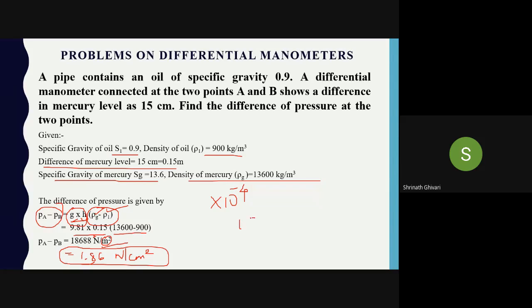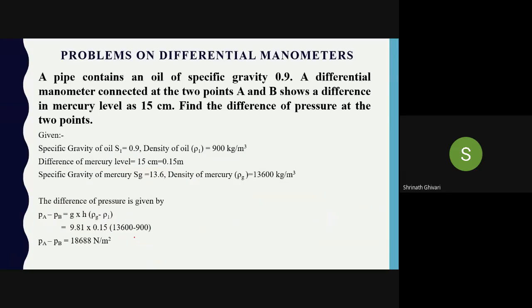Or else you can divide 18688 by 10 raised to 4. Then you'll get 1.86 Newton per centimeter square. Remember the unit conversions, everyone. That is very important. You have time now. You can practice the unit conversions, all the basic units of all the physical quantities. Okay. Fine. So the first problem is done.